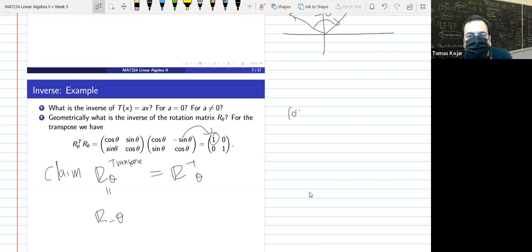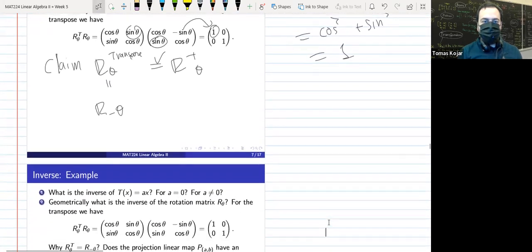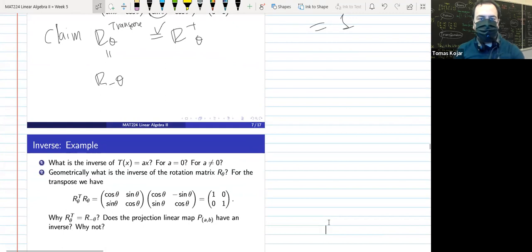You have cosine theta times cosine theta, and then sine theta times sine theta. So you have cos squared plus sine squared, which is 1. And for the other ones, you have cross terms. So we have the inverse, so that's checked. Now the question is, why do you get R of minus theta? Is that okay with everybody?